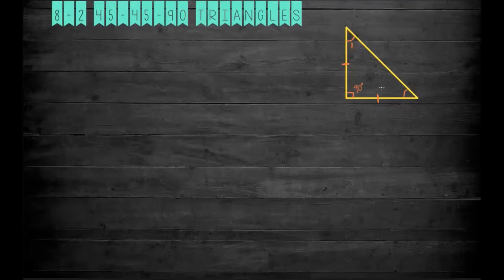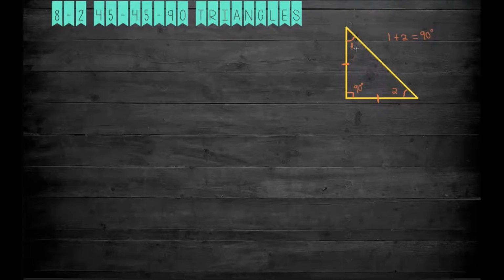Which means the sum of these two angles, let's call it angle 1 and angle 2, I know that these two angles have to add up to 90 degrees, because that's the only way this whole triangle is going to add up. But 1 and 2 are the same measure. So we're going to take this 90 degrees left over and split it in two.